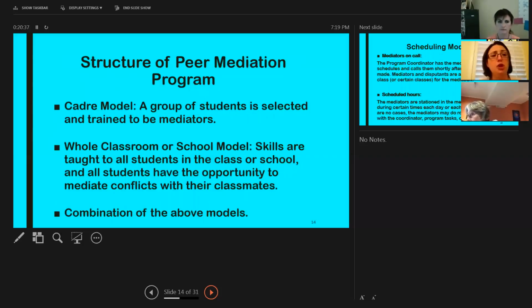As for the structure of the program, the one I see most common is the cadre model, where a select group of students are trained as mediators. As Cindy said, you do your applications in the spring for the following year and select your students. When school starts, begin training them in advanced communication skills.